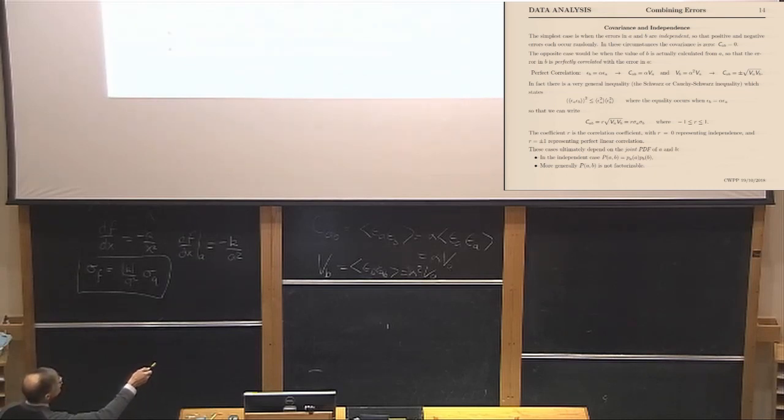It's the geometric mean of the two variances. Okay? So that's the biggest that the covariance could be. So the covariance could be 0, or it could be as big as root VA VB.